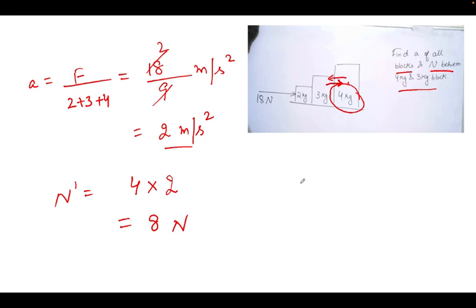So the normal reaction between the 4 kg and the 3 kg block is 8 Newton. So these are the numericals related to the elevator problem, and how we can find the acceleration and the normal reaction when 1, 2 or 3 bodies are moving with some finite acceleration. I hope you understand this concept. If you have any problem, you can ask.